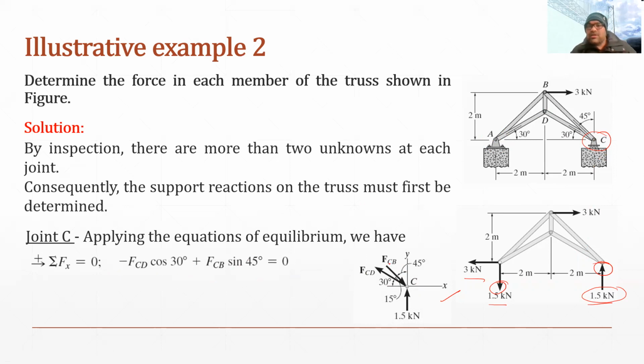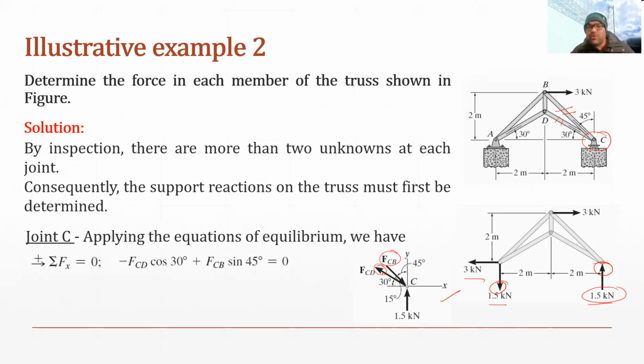Also, in member BC, I am assuming that force is in compression. In member DC, I am assuming that force will be in tension, and that is why the arrow for FCB is pointing towards the joint, and arrow of FCD is pointing away from the joint.